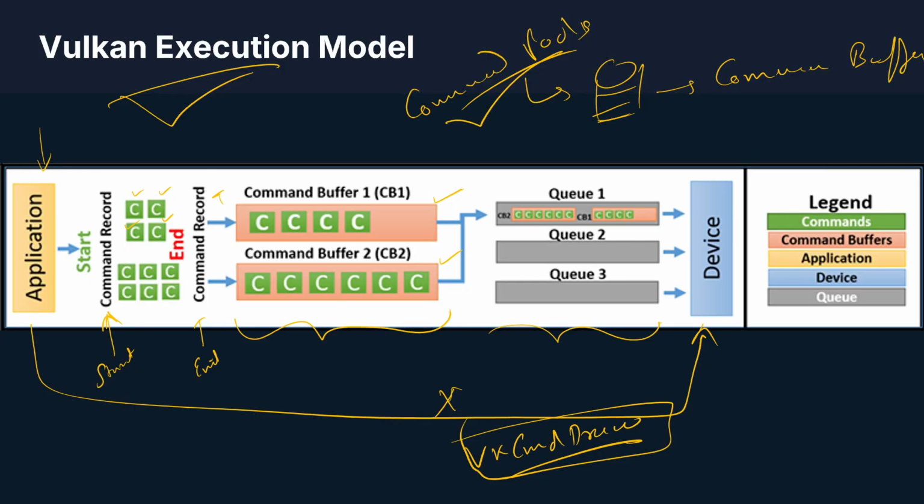Let's suppose this is under my thread 1 and this is under my thread 2. So we are recording two command buffers, each having different commands, 1 2 3 4 5 6, recorded in two different threads. Or it could be one thread itself, where I don't use command buffer 2.